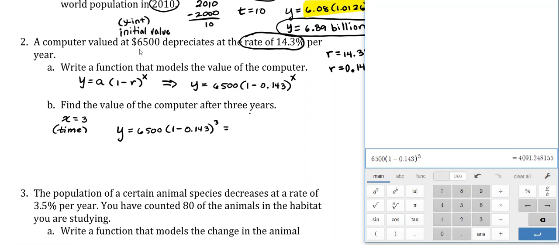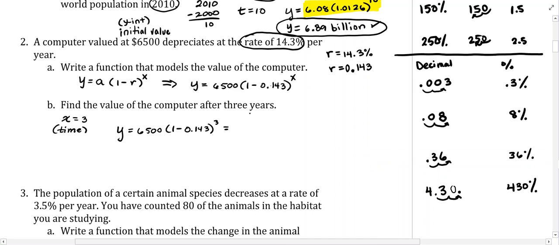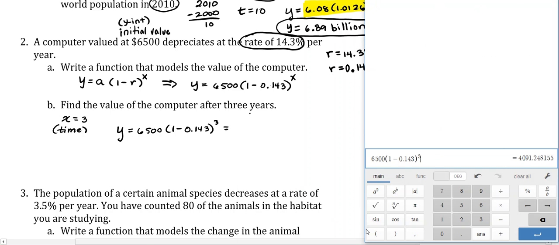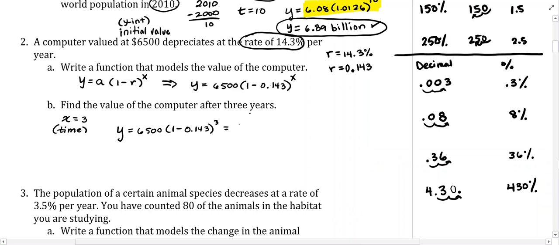Well, since they gave us the initial value at 6,500 with no decimals, then we are going to give them the answer without any decimals. And if I look at it correctly, it was 4,091. So after 3 years, that will be the value of the computer. It depreciated, so it's worth less.